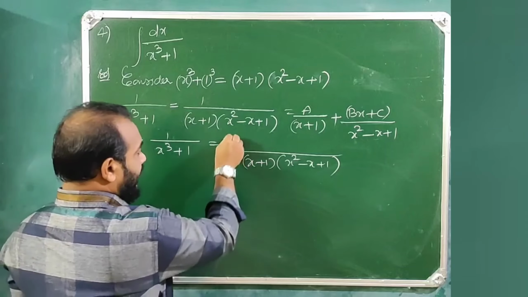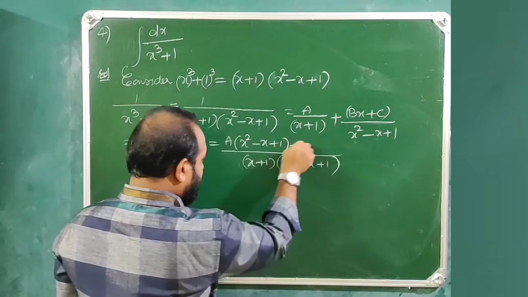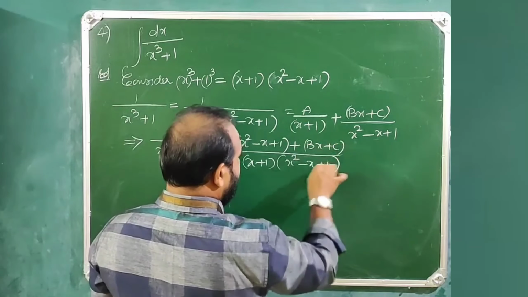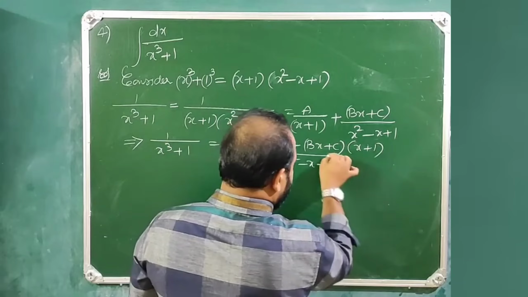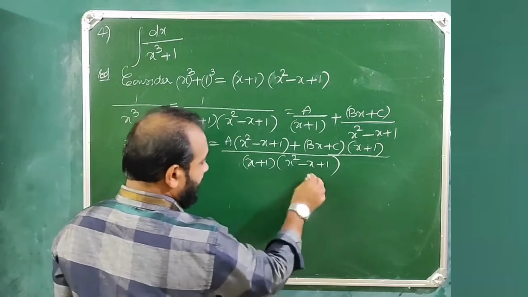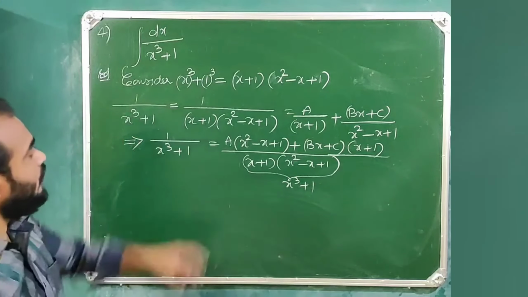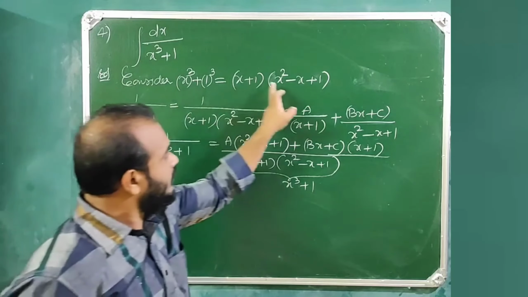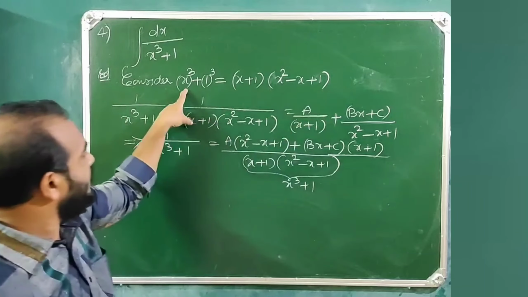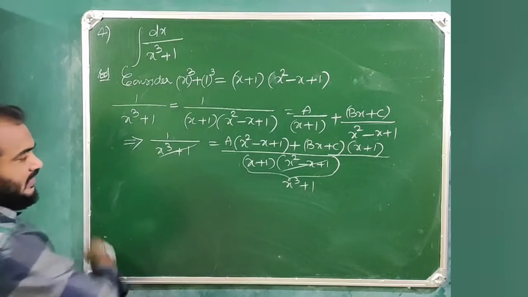So this is a into x square minus x plus 1 plus bx plus c into x plus 1. x plus 1 into x square minus x plus 1 is x cube plus 1, so this as well as this gets cancelled.